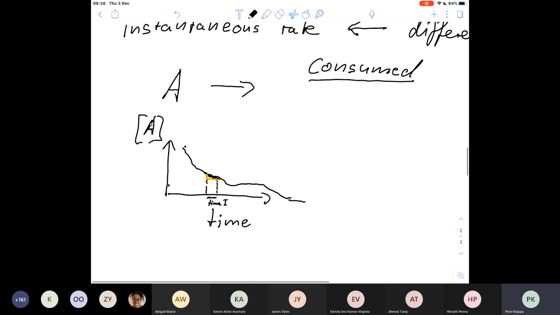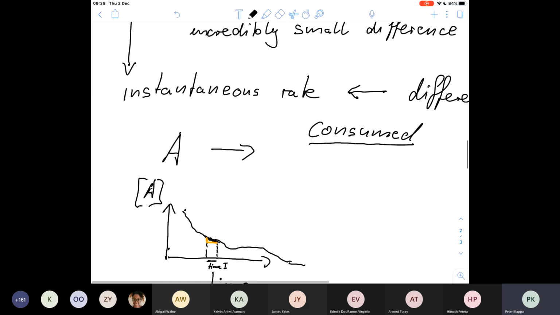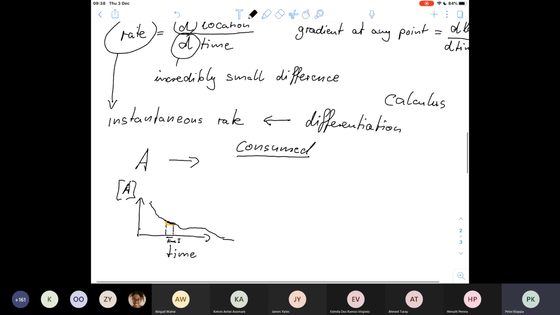So how do we write this? Now we said for our rate, we can write this as, this time it is not a change in location, it is a change in the concentration of A per change in time. This would be the rate, how fast actually this reaction proceeds.